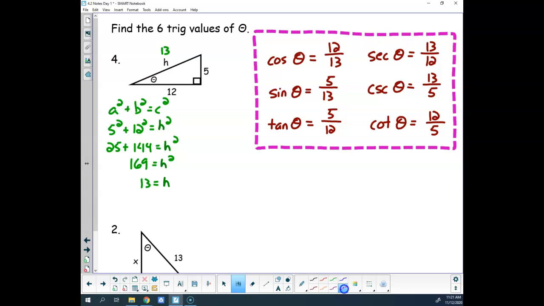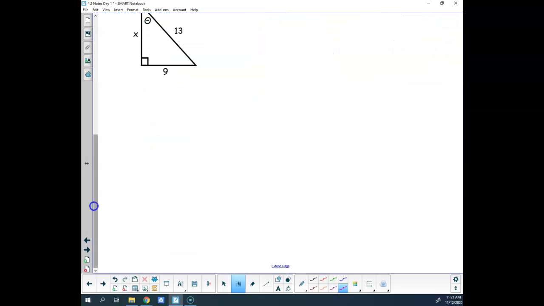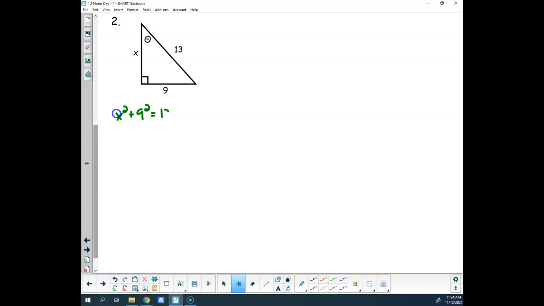Love it. Okay? What I would like you to do now is I would like you to do the same thing based off of that triangle. So we've got x squared plus 9 squared is 13 squared.